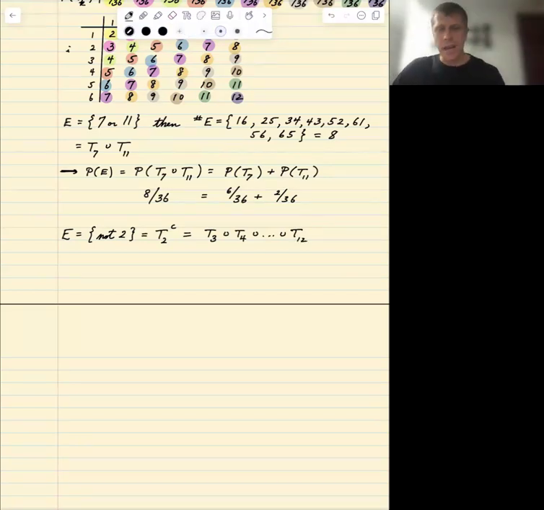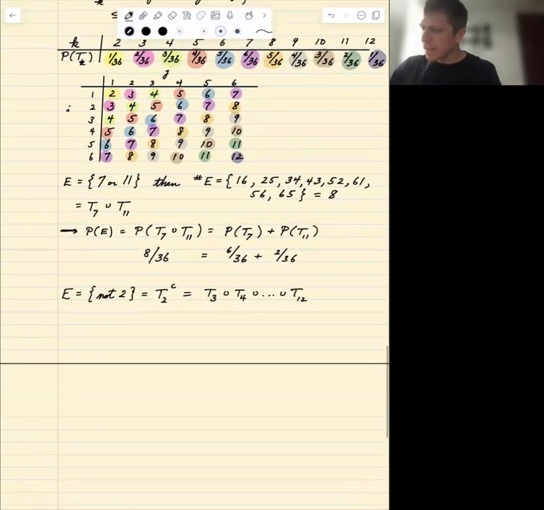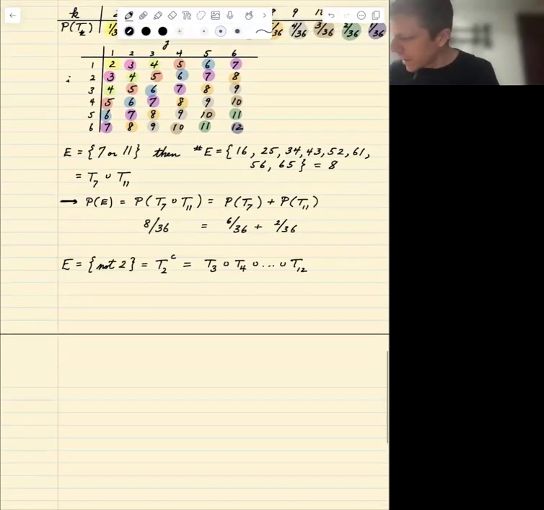How many ways are there for this to happen? Well, we know that T2 has one outcome, because we counted it. So what about T2 complement? Well, T3 has 2, T4 has 3, etc. We just count everything in this square that's not a 2, and it's going to be 35, right?